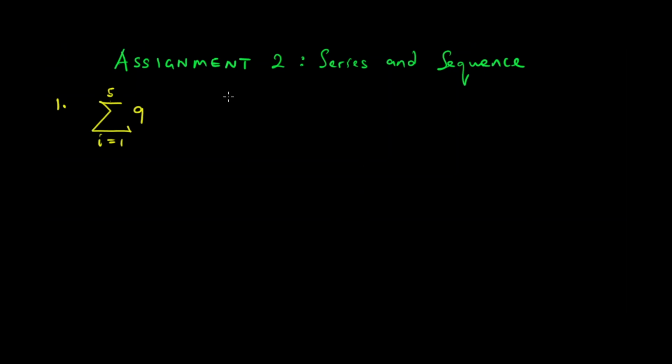Number 2 says, evaluate the summation from I equals 1 up to 5 of I plus 4I, like this.